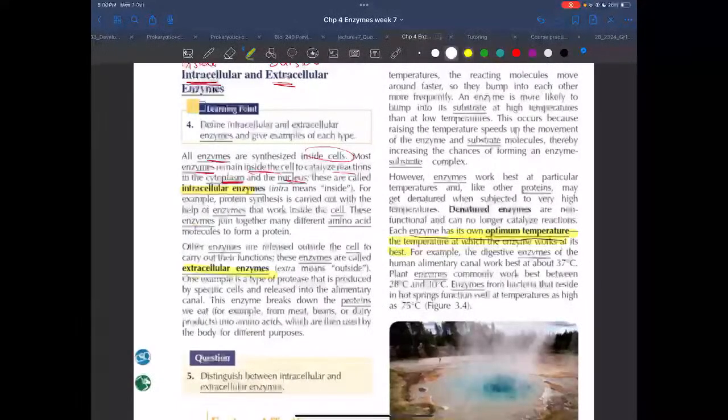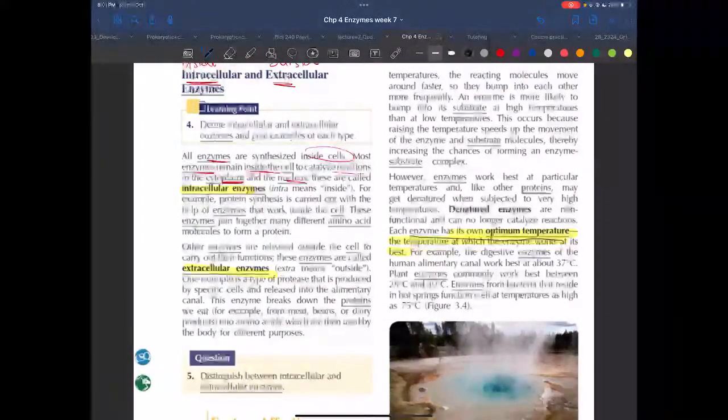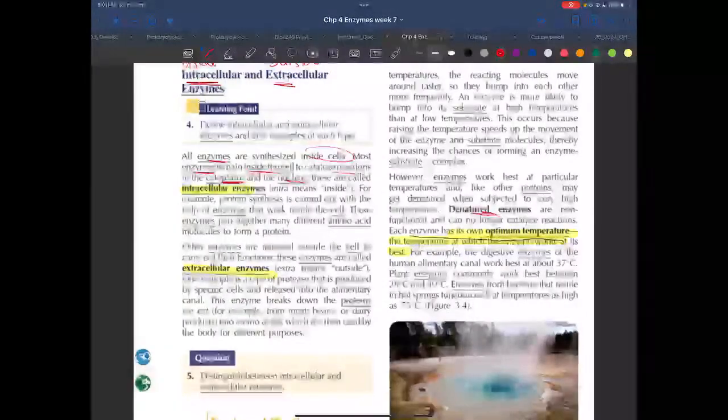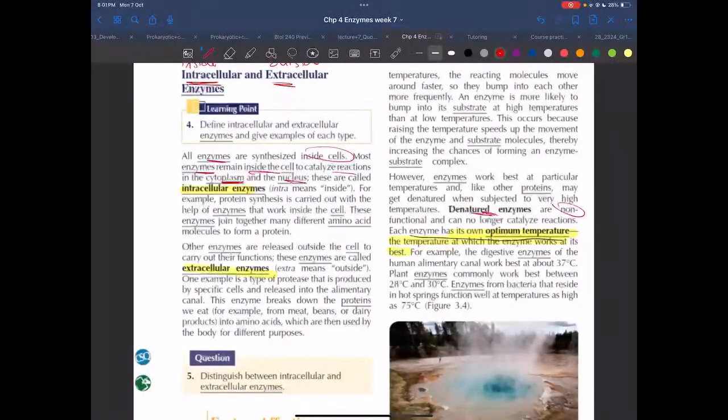Some enzymes function really well at 60 degrees Celsius. So it depends on each enzyme. And we said for an enzyme, if I increase the temperature too much and it cannot handle it, I will get a denatured enzyme. What's a denatured enzyme? It is non-functional and can no longer catalyze any reaction.